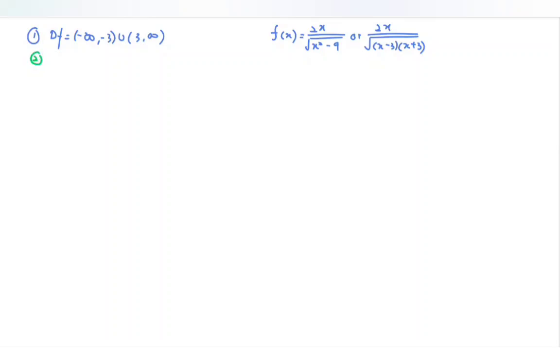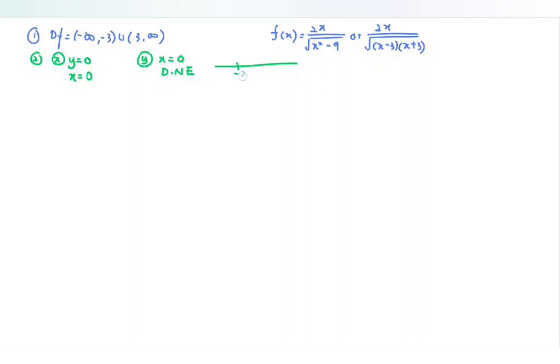Continue with the second step, which is to determine the x and y intercepts. Here we have the x-intercept when y equals 0. So when y equals 0, automatically x equals 0. In order to find the y-intercept, x must equal 0, and then we will have does not exist. So actually both do not exist. The reason refers to the real number line.